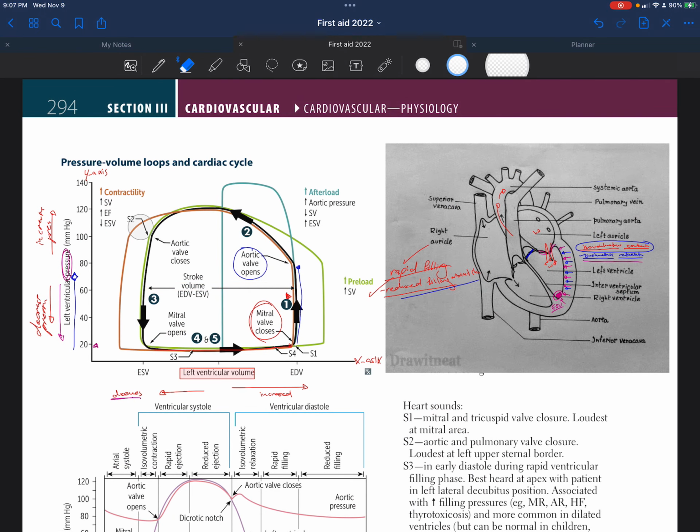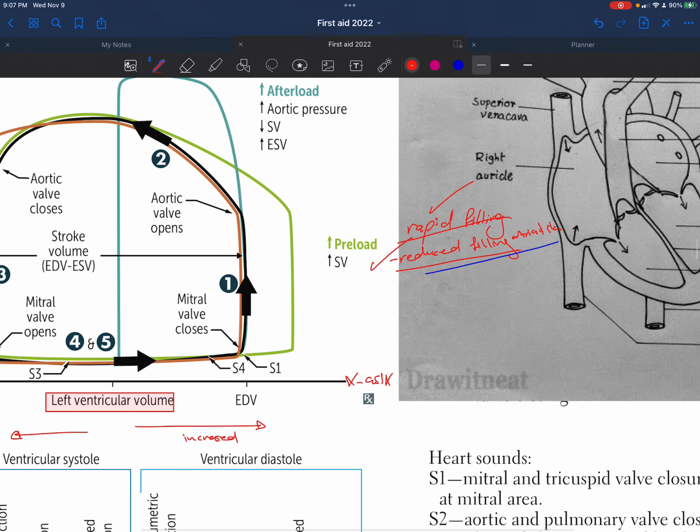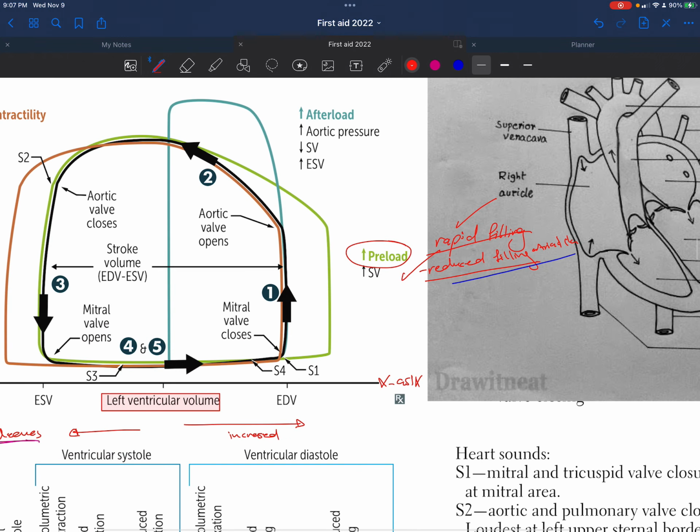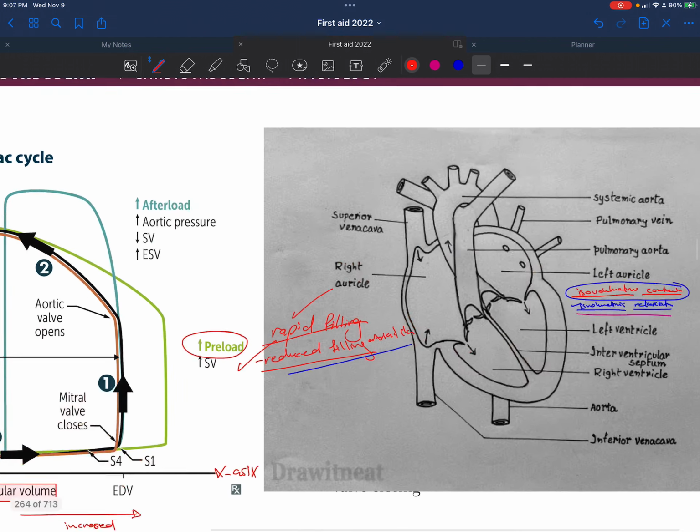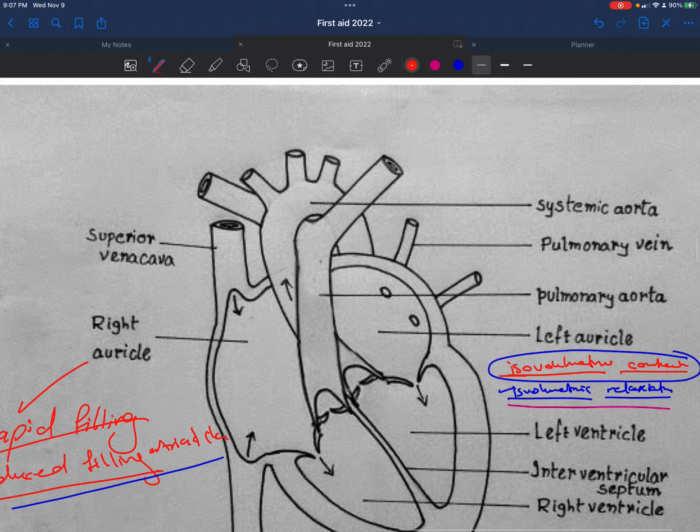If we have done something to change the preload. Okay, so let me delete all of this. Okay, so increasing the preload, it's the green circle now that we're looking at. So basically increasing the preload means increasing the amount of blood that has reached the left atrium, for example.